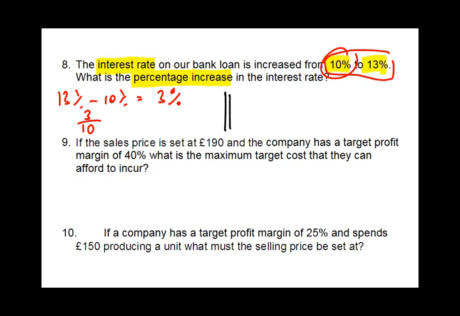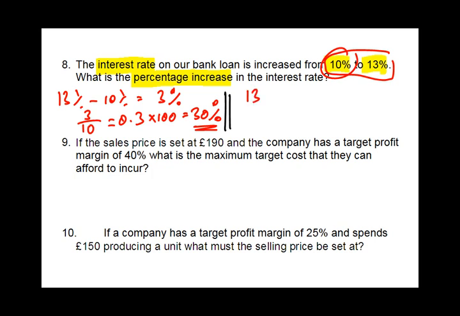If you do 3 divided by 10, you'll get 0.3 on your calculator. And if we multiply by 100 as usual, well, that's actually a 30% increase in our interest rate. To go from 10 to 13 is actually a 30% increase, which is actually quite a significant rise. It isn't just a 3% increase.